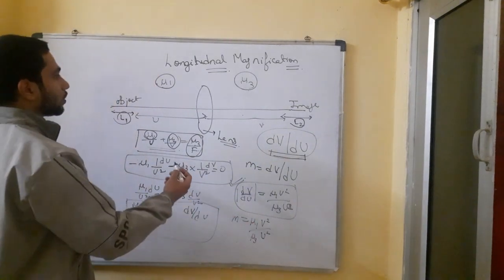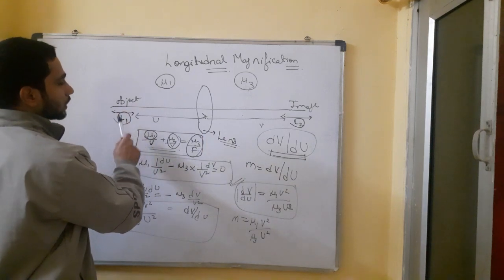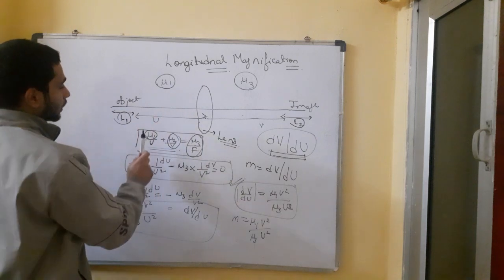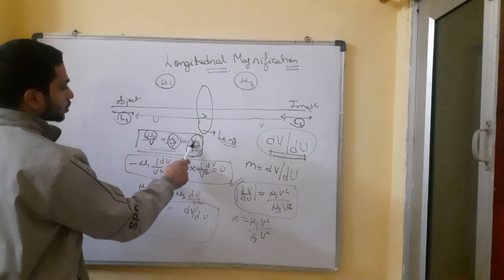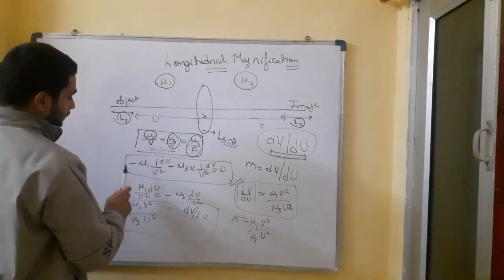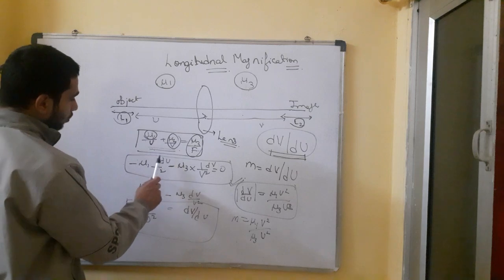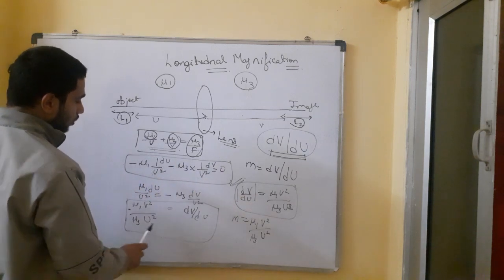So what was the approach? We have taken one convex lens. This was the length of the object. This was the length of the image. Firstly we will write the standard equation, which is μ1 by u plus μ3 by v is equal to μ3 by f. Then we differentiate this: minus μ1 du by u square minus μ3 dv by v square is equal to 0.